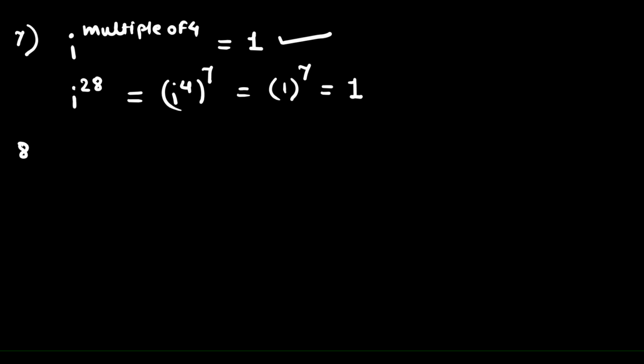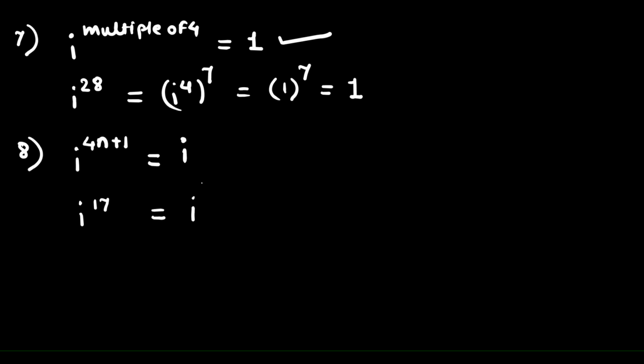Then the eighth result: i to the power 4n plus 1 is equal to i. For example, consider i to the power 17.